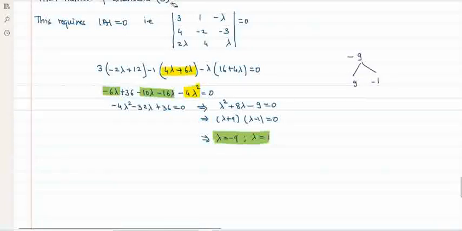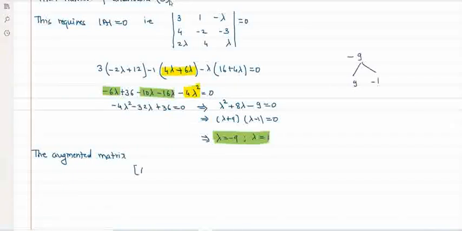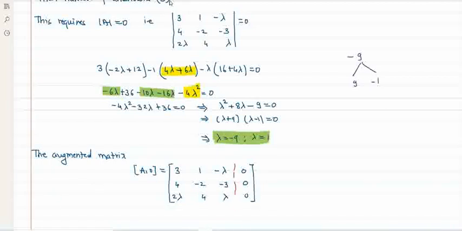The augmented matrix in terms of lambda, A0, can be written as 3, 1, 3, 1 minus lambda, 0, correct? 4, minus 2, minus 3, 0, 2 lambda, 4 lambda and 0. This is the augmented matrix in terms of the lambda.